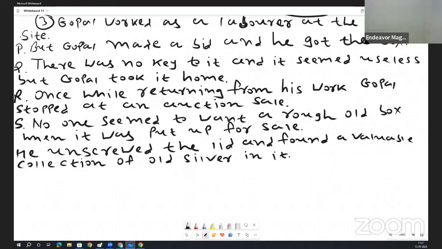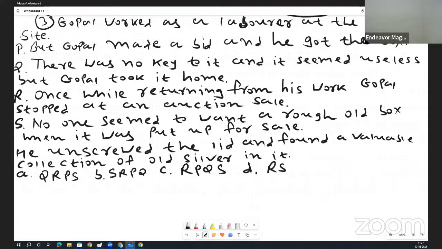Now, students, the options are QRPS, SRPQ, RPQS, TRSPQ. Okay, these are the options, students.